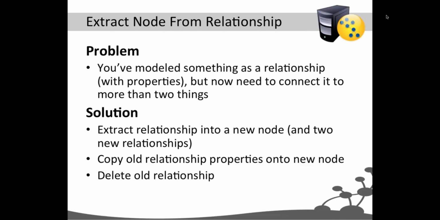So I need to be able to extract a node from an existing relationship. Okay. So the solution here is we want to take all of those existing emailed relationships in our graph, and for each relationship we want to create a new email node. We want to copy all of the properties that were originally on the relationship into the new node, because in this particular example, all of the emailed relationships also include the content of emails.